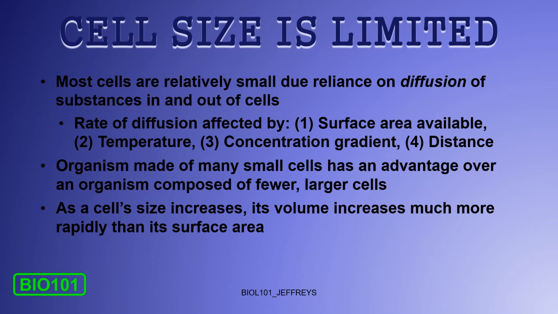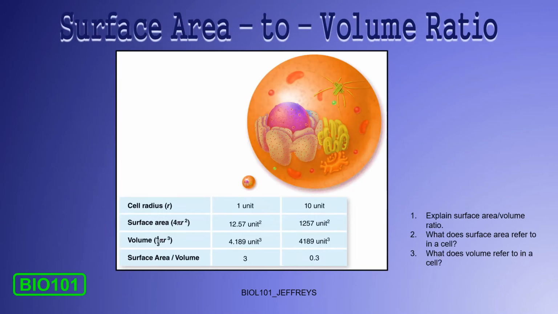As a cell gets bigger, its volume increases, of course, much more rapidly than its surface area. And we'll look at that in a second with a diagram. That's called the surface area to volume ratio. And we'll see how that affects the rate of diffusion for a particular cell.